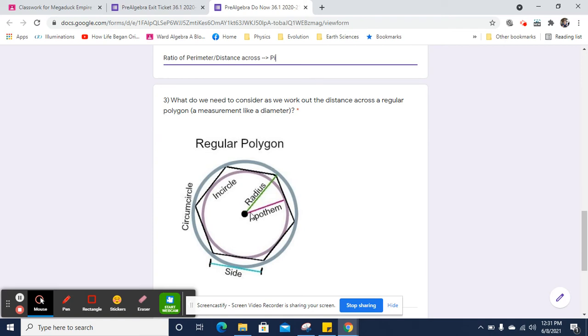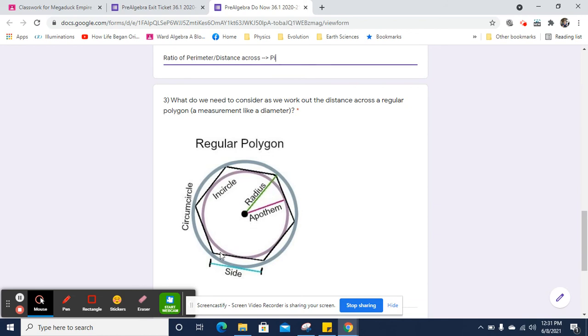And the apothem goes to the midpoint of the sides, and it happens to go to where an incircle, a circle that is inscribed in the polygon, exactly touches all of those midpoints. And so the incircle has a radius that's the apothem, and the circumcircle has a radius that is the radius of the polygon.